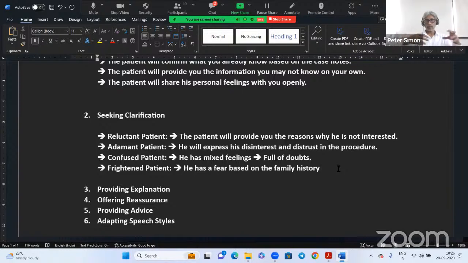Then based on that, he wants some information. Whatever information you give, he will not be ready to listen. He wants a particular piece of information that you have to provide. So ask what exactly he wants. Let him open up.